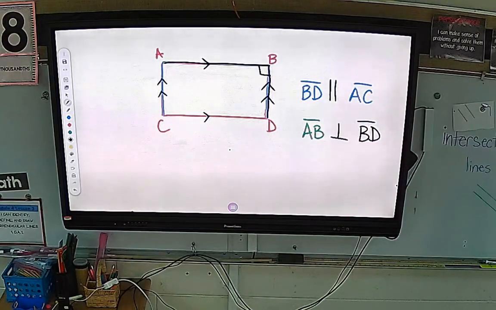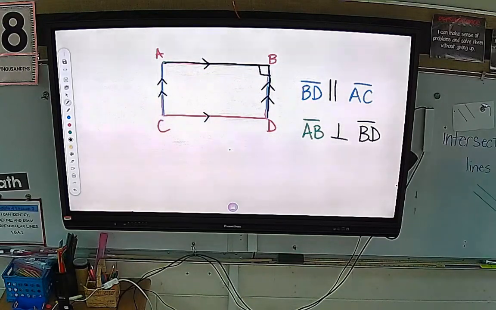All right. What about perpendicular lines? What are those? Lines that form right angles. Two lines that intersect each other, they run into each other, and they form right angles. Okay, what are intersecting lines? What does that mean? Ones that don't form right angles, they're usually bigger or smaller.